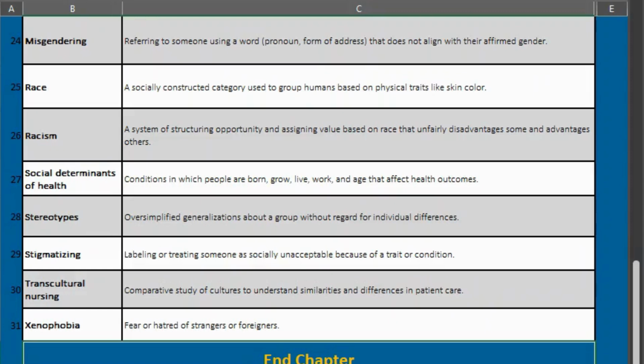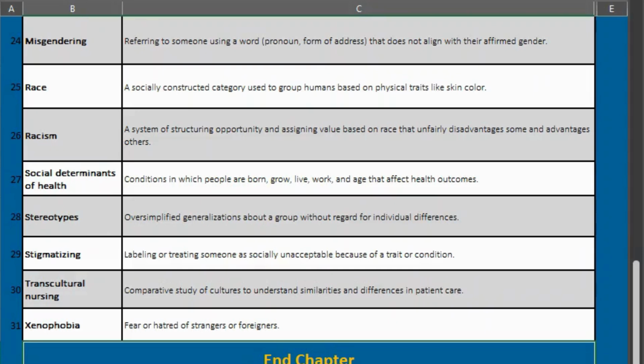The last one is xenophobia: fear or hatred of strangers or foreigners, meaning a patient refuses care from an immigrant nurse, which requires de-escalation and education.